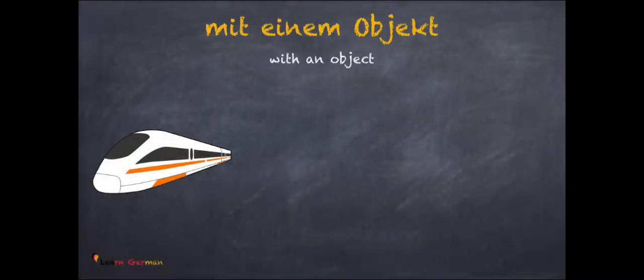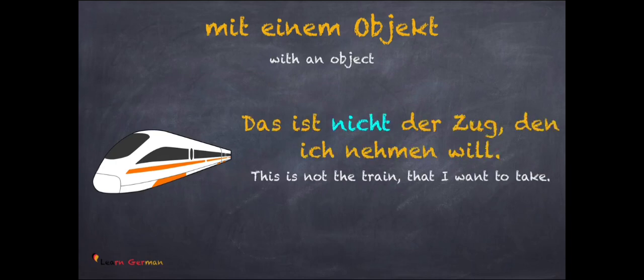Mit einem Objekt. Das ist nicht der Zug, den ich nehmen will. Basically, the rule is that the nicht is placed before the thing or the activity that you have to negate. In this case, der Zug.